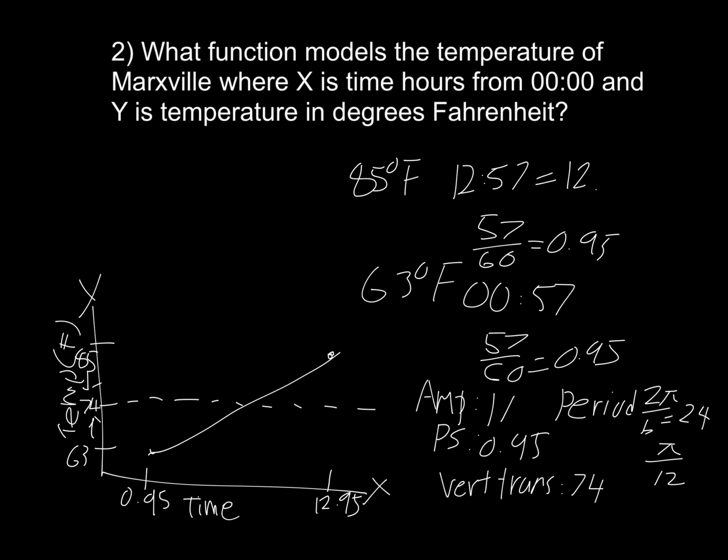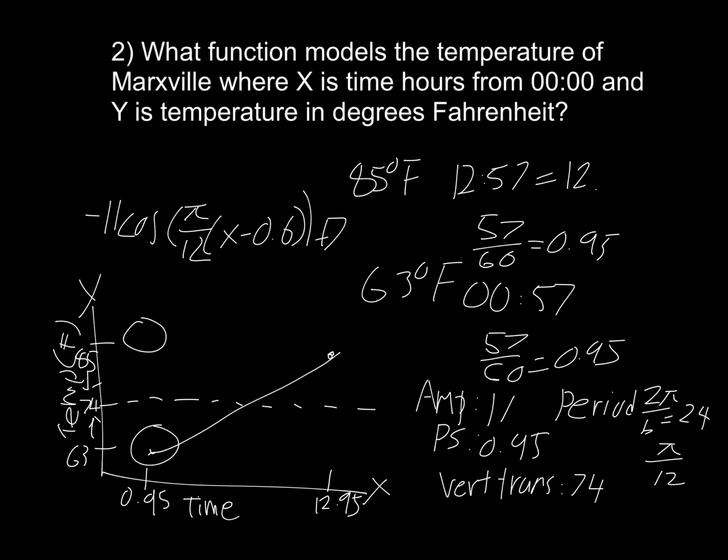And let's go ahead and write our equation. So we have a cosine reflection, because it's starting from here instead of here. And 11 is our amplitude, pi over 12 is our period, 0.95 is our phase shift, and 74 is our starting point.